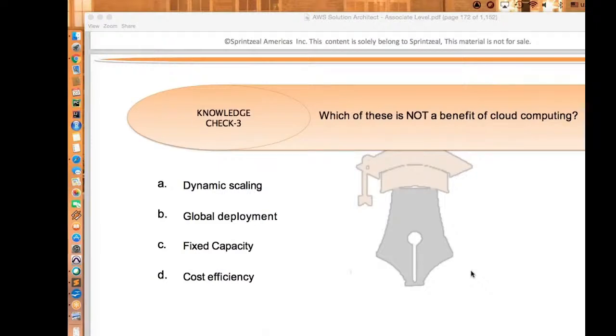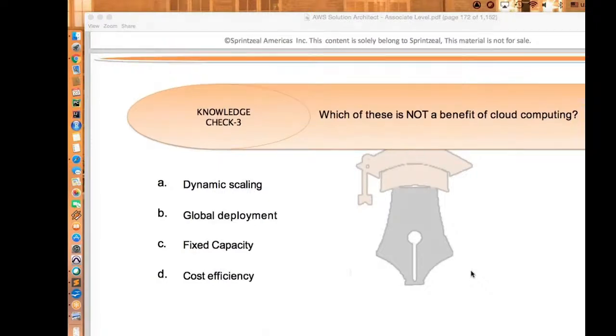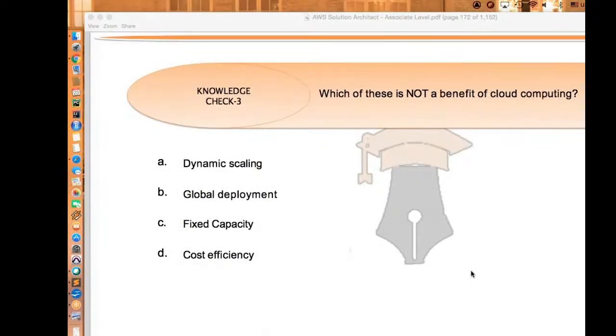I don't know whether global deployment will be it, and dynamic scaling. I know scalability is a benefit, fixed capacity. I know cost efficiency is a benefit. It's easy to fix capacity. There's reliability. Global deployment.